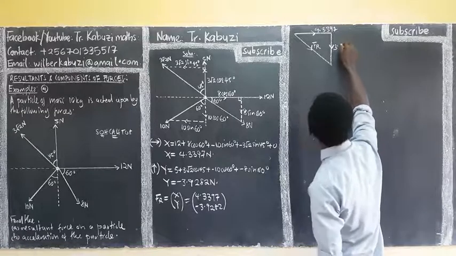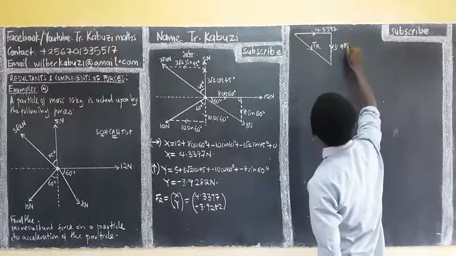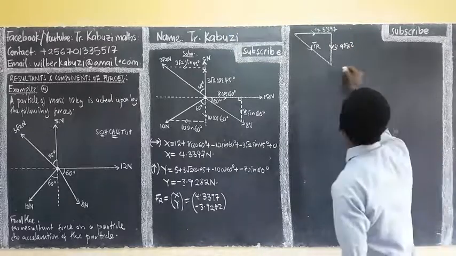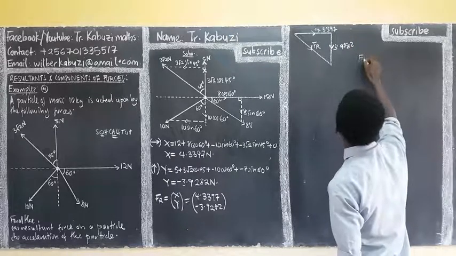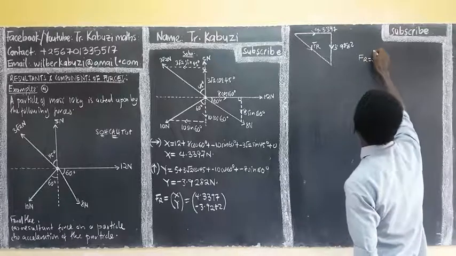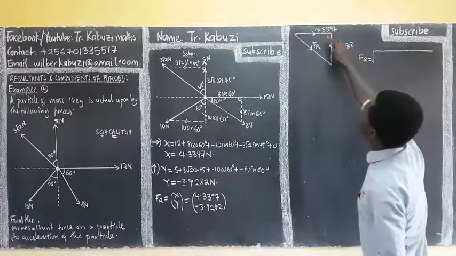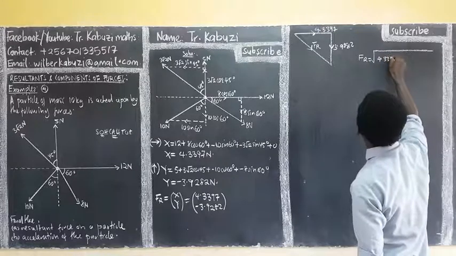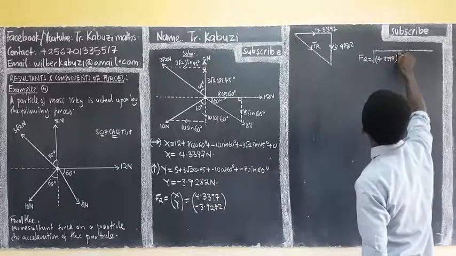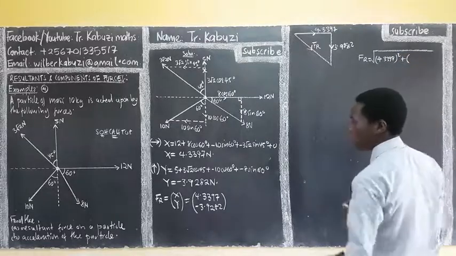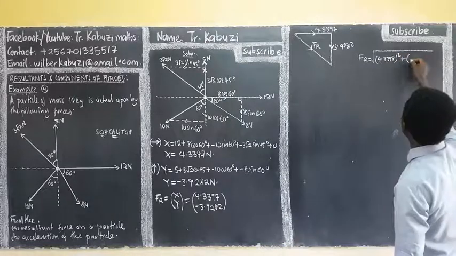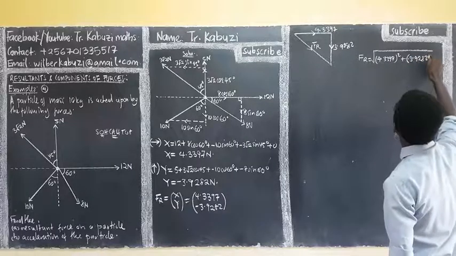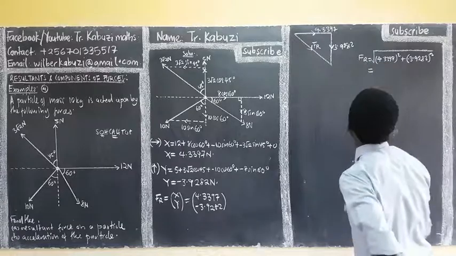The direction, if you want, you can put a negative, but this one already shows that it's going in the negative direction. So our resultant FR is going to be the square root of, we square 4.3397, then plus, of course, this one is negative, 3.9282 squared.